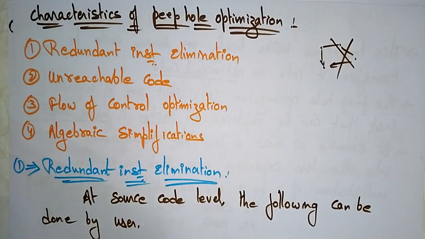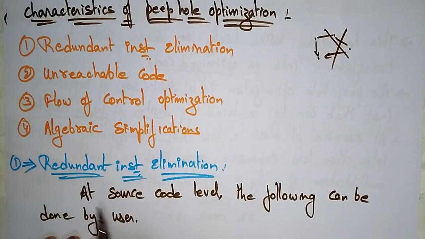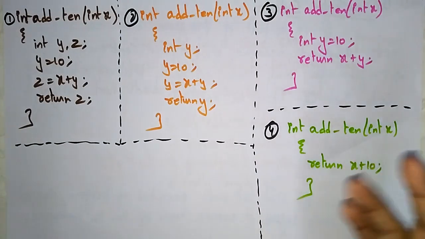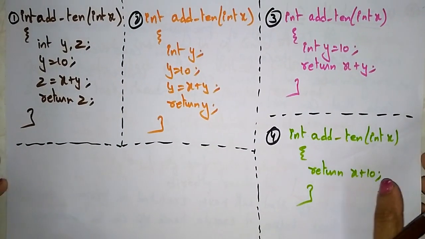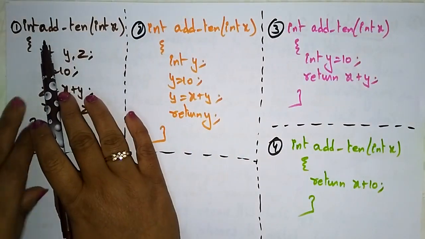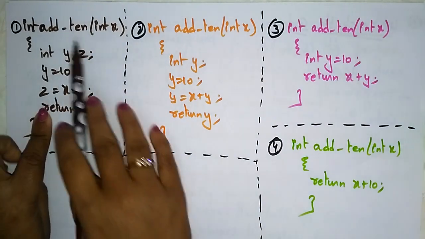Now let's see one by one the characteristics of peephole optimization. The first one is redundant instruction elimination. At source code level, the following can be done by the user. Let's take a program. Here, int addition 10, int x: I want to add 10.